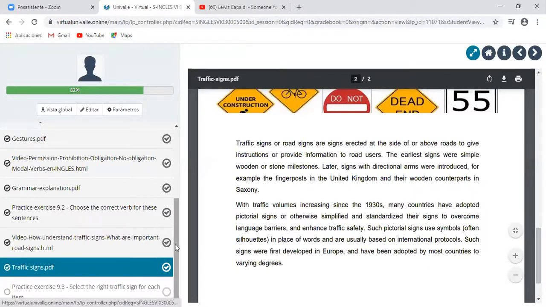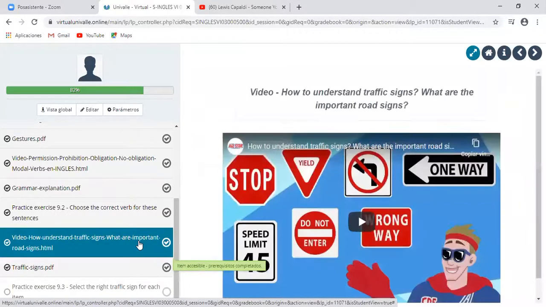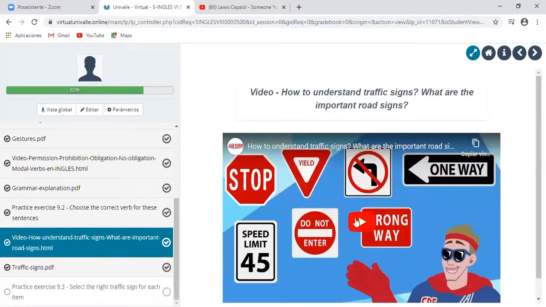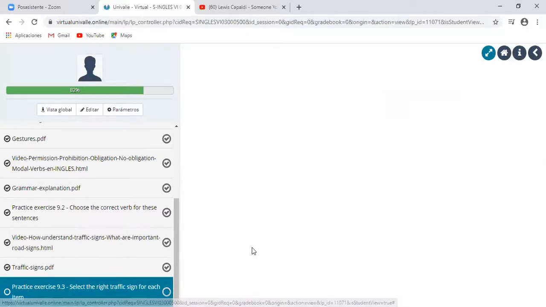Okay. And here we have a video tutorial as well about the importance of road signs. As well, you can take a look at it on the platform from your accounts. And here we have a practice exercise that we are going to do. But I don't know what's going on with the practice exercise.